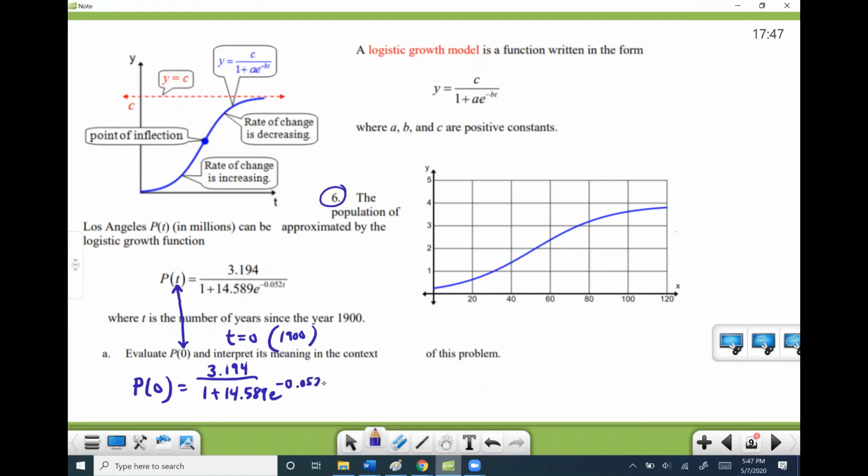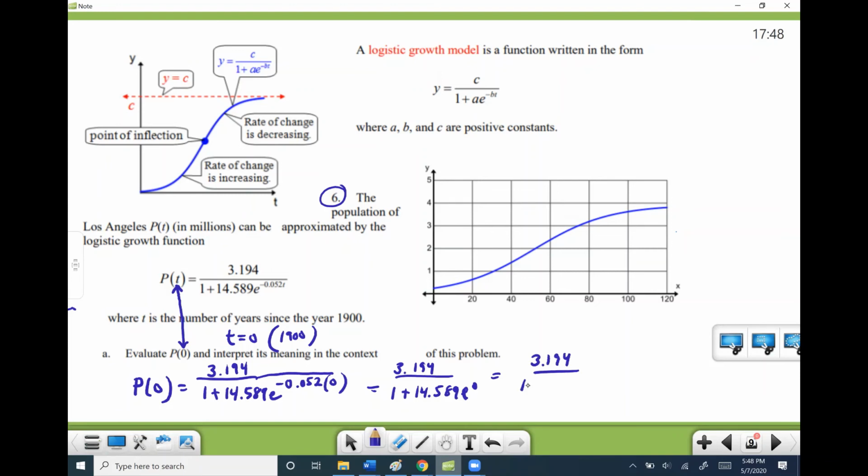It might even be easiest to do a lot of this by hand, because isn't 0 times 0.052 just going to make that 0? So it's going to be 1 plus 14.589 e to the 0. And what's anything to the 0 power? Yeah.